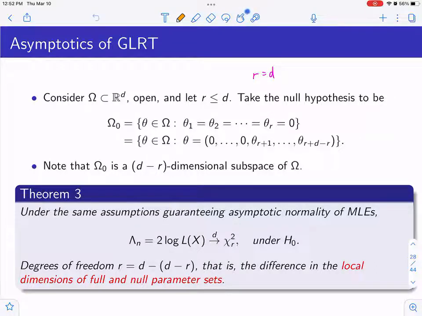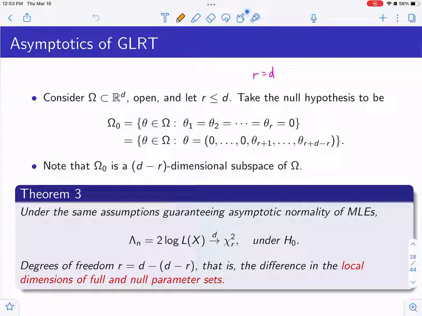This is a d minus r dimensional subspace of omega. Under the same assumptions that we had for the asymptotic normality of the MLEs, this 2 log L of x, the generalized likelihood ratio statistic, converges in distribution to a chi-squared with r degrees of freedom under the null.